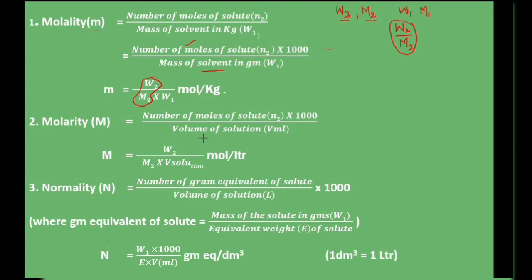So if the volume of the solution is given in ml, then definitely you should multiply the formula with 1000. If the volume of the solution is given in liters, then you don't want to multiply.